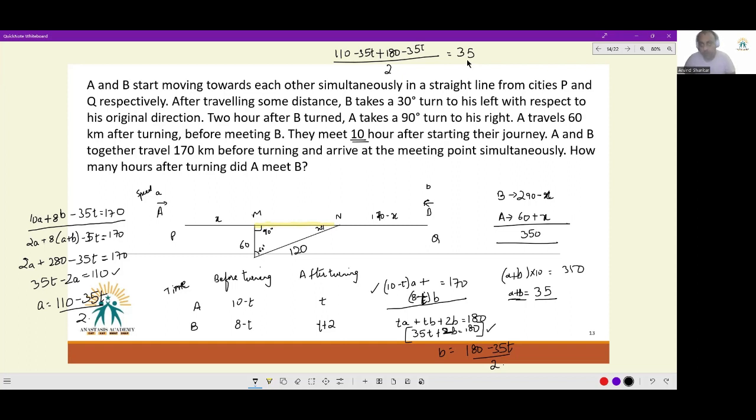A plus B is equal to 55. Okay. And now I'm seeing I could have simplified this severely. Let's see what this leads us to. I get 70 here, 290.